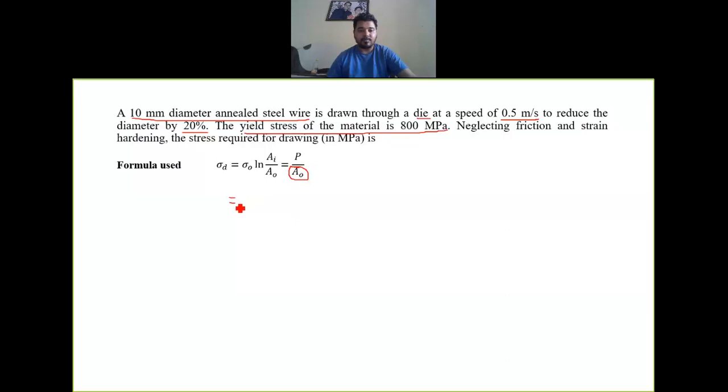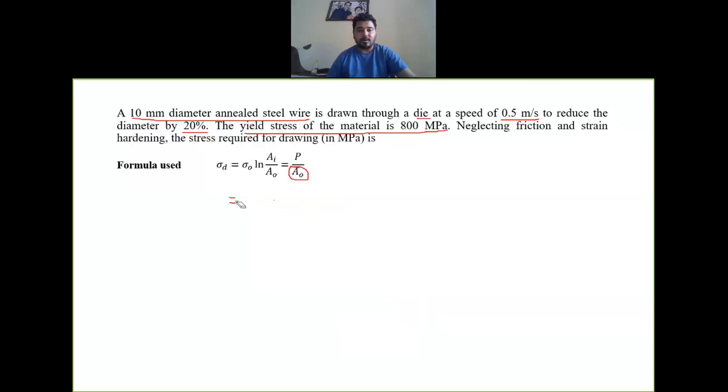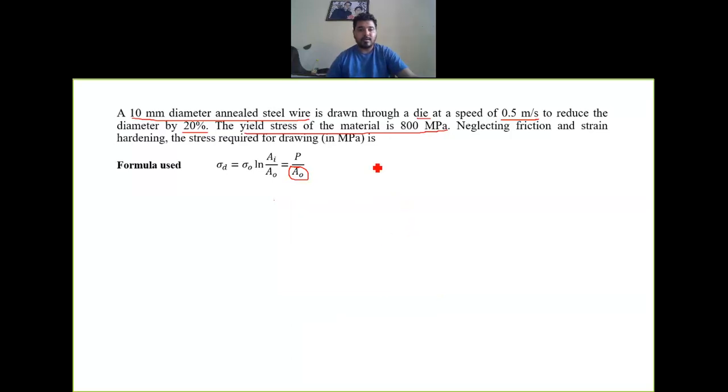Putting the value, sigma naught will be 800. Here first we have to calculate the outer diameter. Then we have to proceed. How can we calculate the outer diameter here?